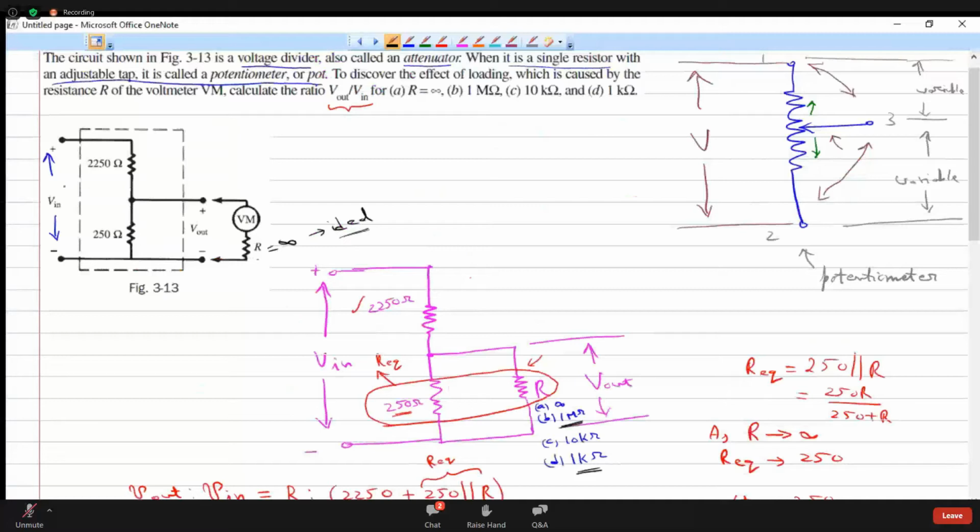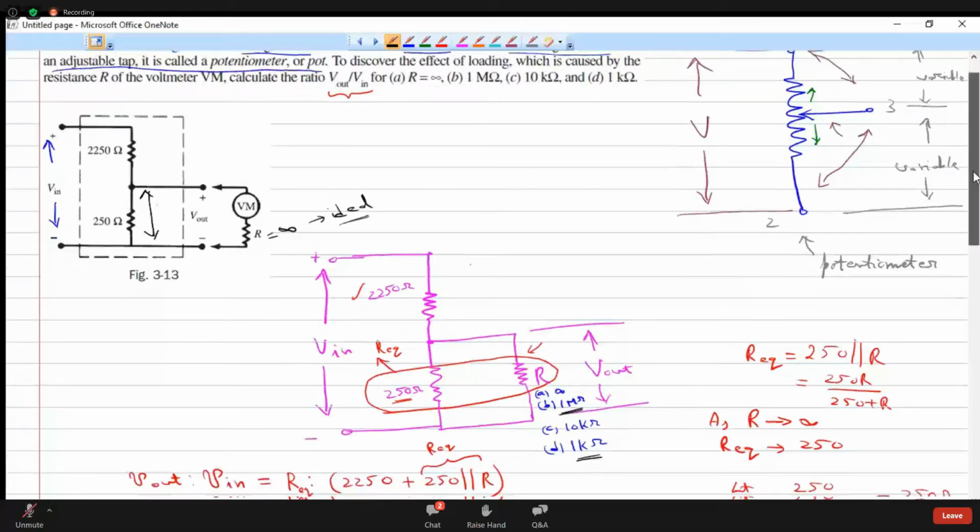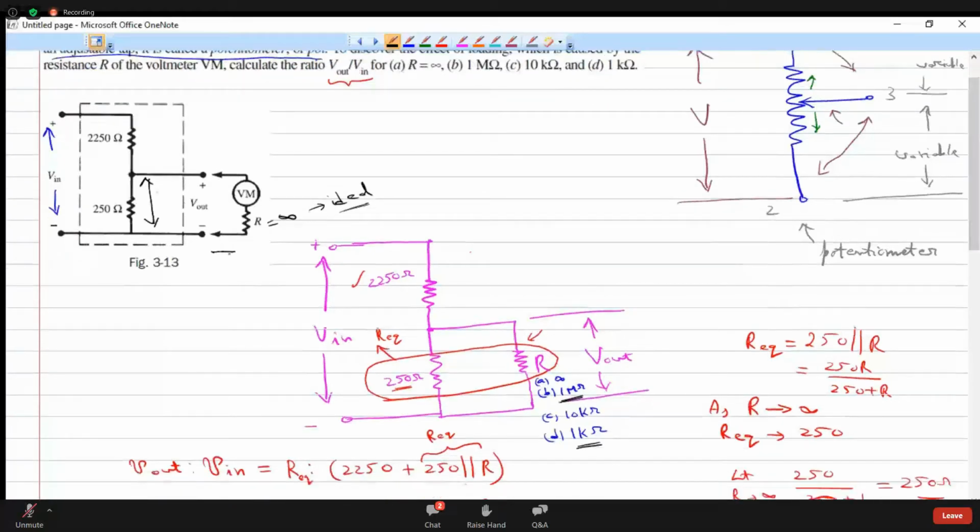So why do we use a potential divider? We use a potential divider to divide this input voltage in a particular ratio, so we should be able to get that constant voltage across this. There should not be any loading effect as we add any circuit towards the right side, or use any measuring instruments to measure the voltage.